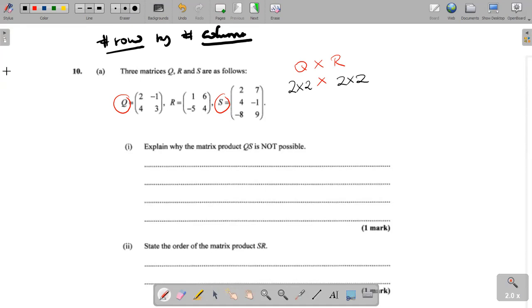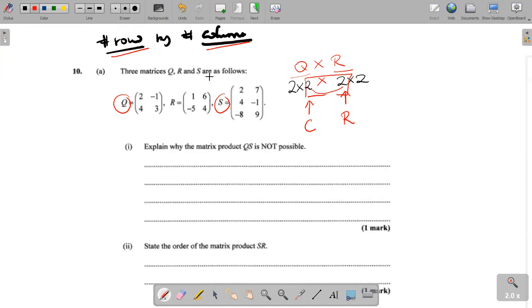For you to multiply these two, the inner numbers must match. If they don't match, they can't multiply. What does this 2 represent? This 2 represents the columns of the first matrix Q, and this 2 represents the rows of the second matrix R. Look at it and tell me if you realize what I'm saying, because remember, the order is always rows by columns.